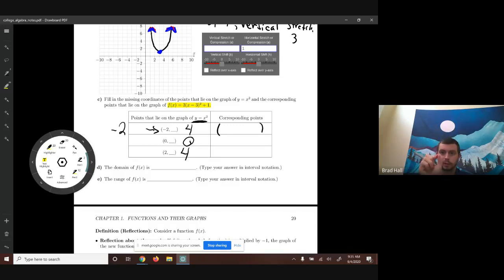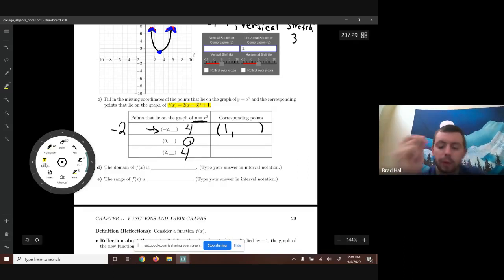So what happens if you take -2 and shift that to the right 3? You're adding 3, so -2 plus 3 is just 1. That's why I'm putting a 1 right here. We're shifting to the right 3 because that's the number added to the x directly. And so that's why -2 would become 1.